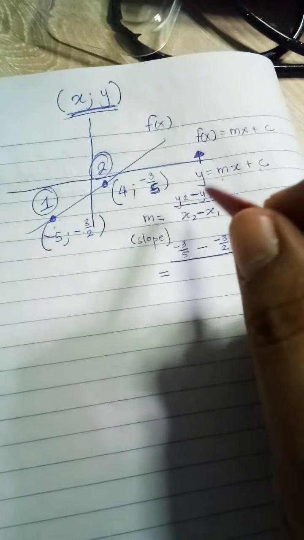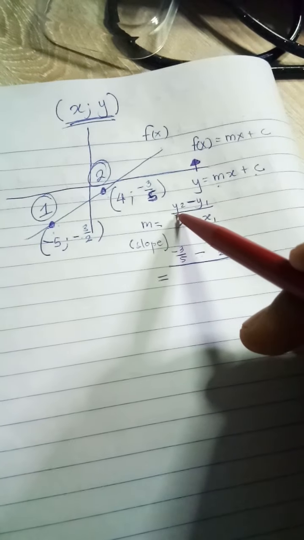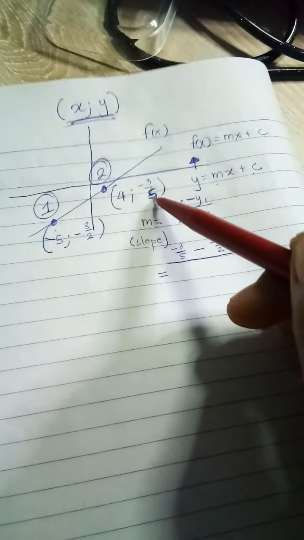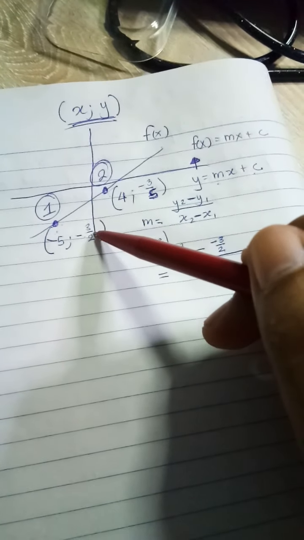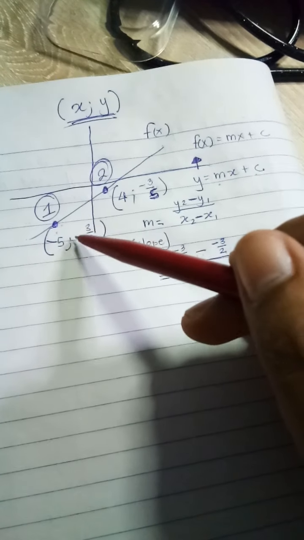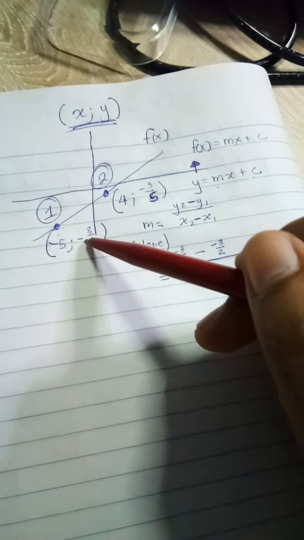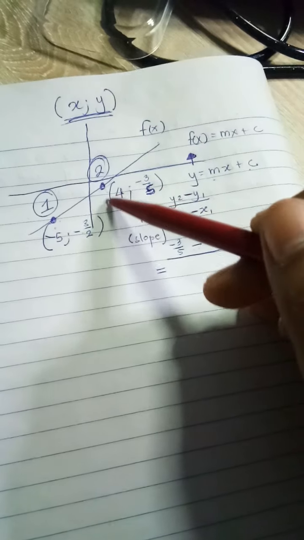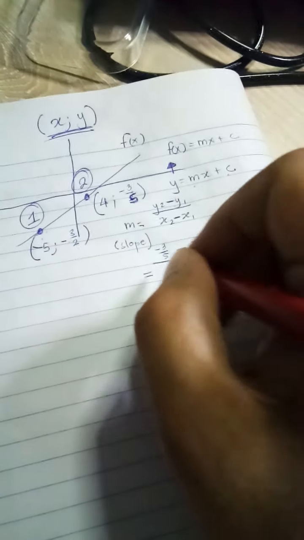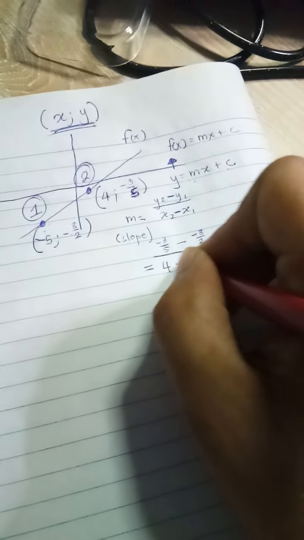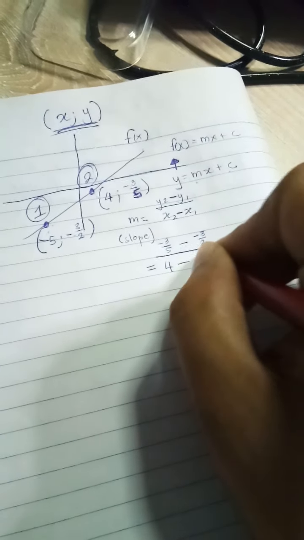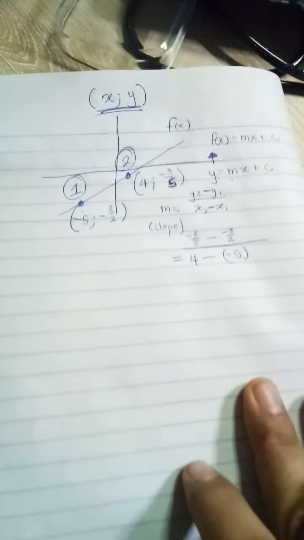Now let's do the y: 3/5 minus -3/2. Again, minus. Now let's look at the x coordinates. I have a positive 4, so 4 minus -5.